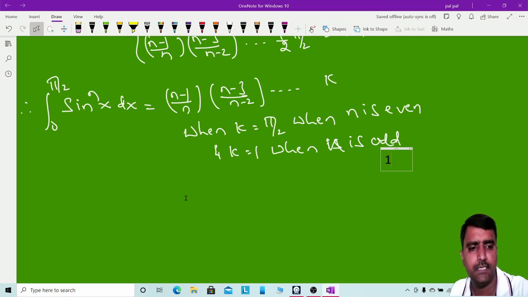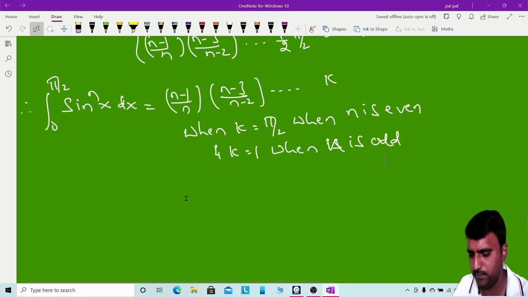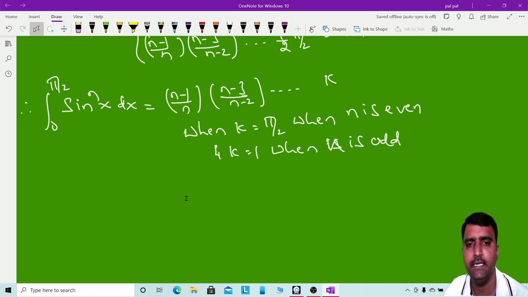By using these reduction formulas, we can find the integrations of integrands of any degree.